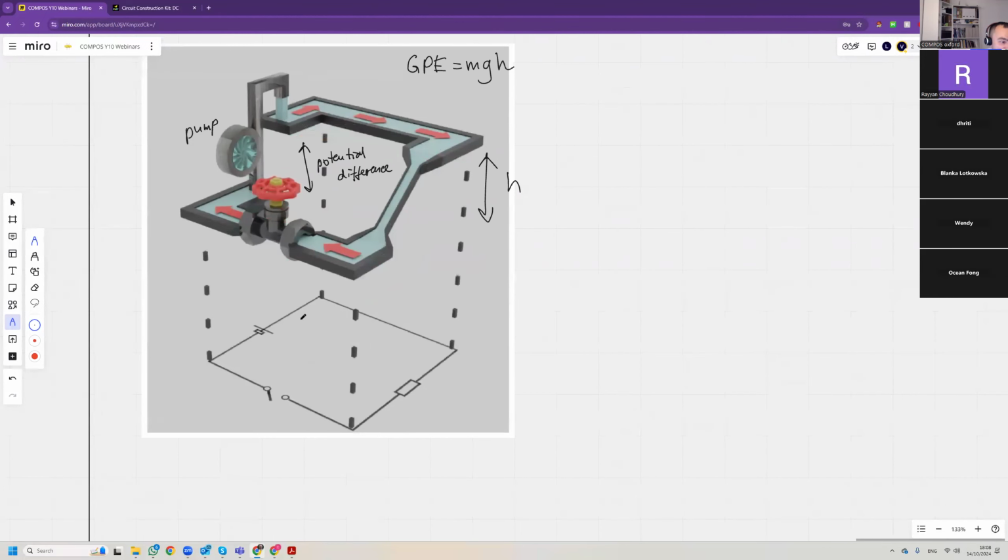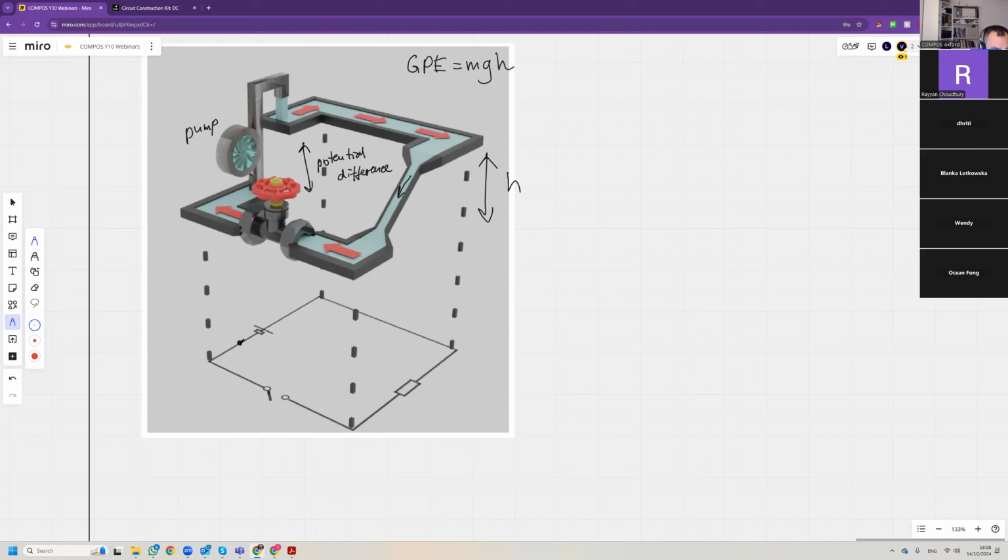So this is what the battery does. The battery puts the electrons onto a higher shelf, onto a higher potential. And as the electrons fall down from that shelf, they can do useful work. So the battery raises the potential.